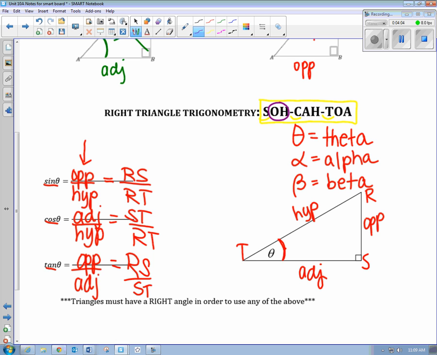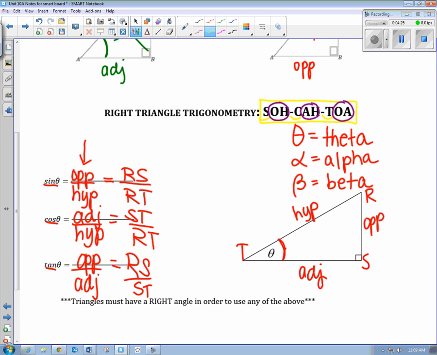Opposite over hypotenuse for sine, adjacent over hypotenuse for cosine, opposite over adjacent for tangent. So a lot of times you will see me referencing back to the SOHCAHTOA mnemonic device to help us remember which of the ratios goes with which of the trig ratios.